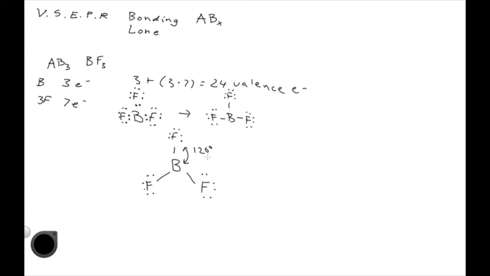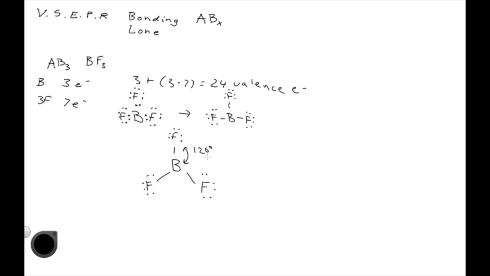This is the molecular geometry of boron trifluoride, and we call the molecular geometry for these types of molecules trigonal planar, because the three fluorines form the corners of an equilateral triangle around the central atom, boron, and all the atoms lie on a single plane.